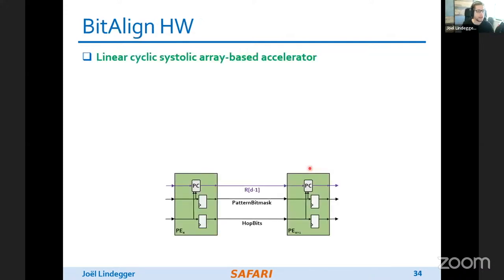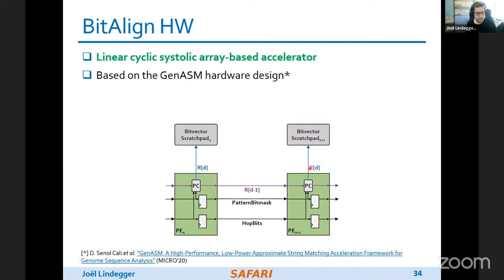Okay, so the BitAlign hardware is based on a linear cyclic systolic array-based accelerator. Again, I keep referring back to GenASM here, but these works are really tightly combined. This is essentially the hardware design from the GenASM work.